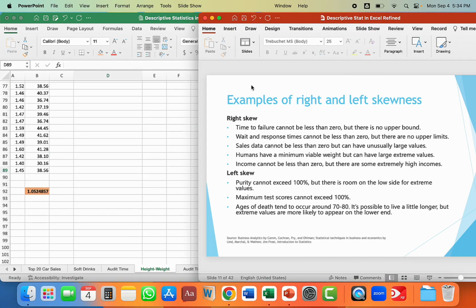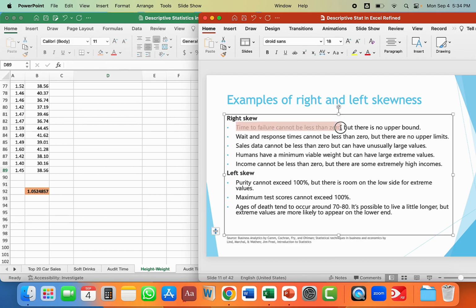Now I will give you some examples of data where right skew and left skew are perfectly normal and you can expect them. For example, time to failure cannot be less than 0. Wait and response time cannot be less than 0, but there are no upper limits. Same thing applies to sales data. Sales data cannot be less than 0 and there is no upper limit. So in that case, we can expect a right skew.